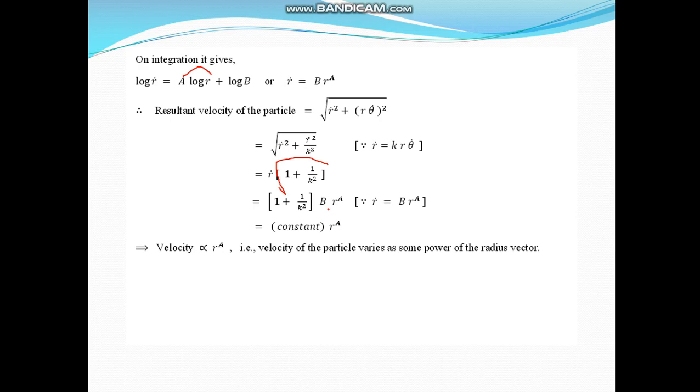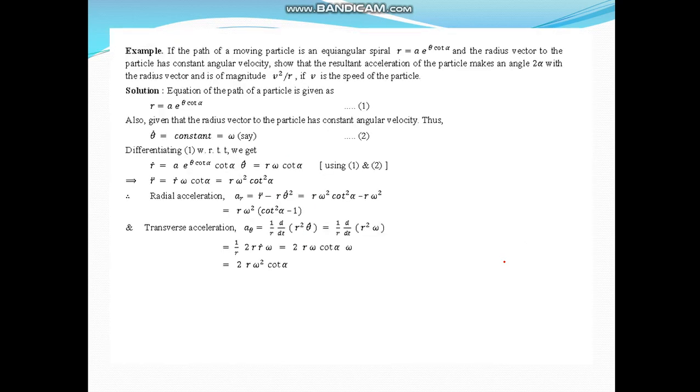Now this much quantity is constant here, and we replace r dot by b r to power a. So here this much quantity is constant, also b is constant, so we can write the resultant velocity of the particle is proportional to a-th power of r, that is velocity of the particle varies as some power of radius vector.